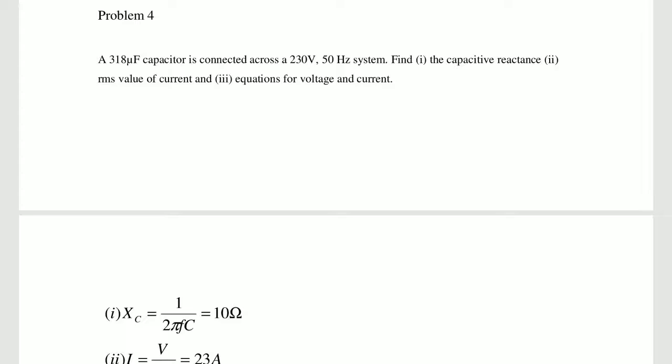Finally we got 1 by 2 pi fC equal to 10 ohms.